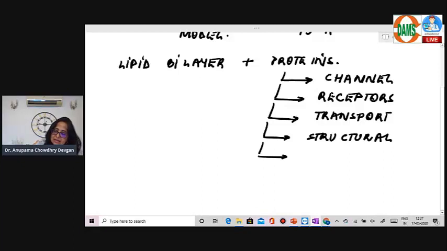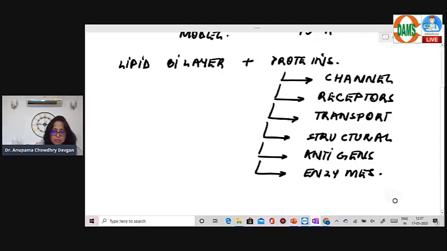They can act as antigens, or they can also be enzymes. So these are the different functions of the proteins which are present. They can be channel proteins, receptor proteins, transport proteins, structural proteins. They can be antigens, they can be enzymes, right?